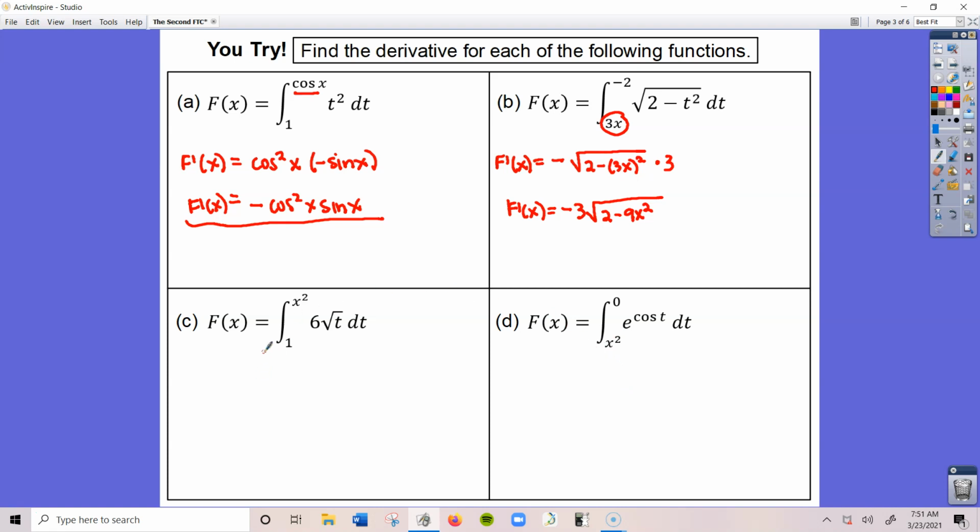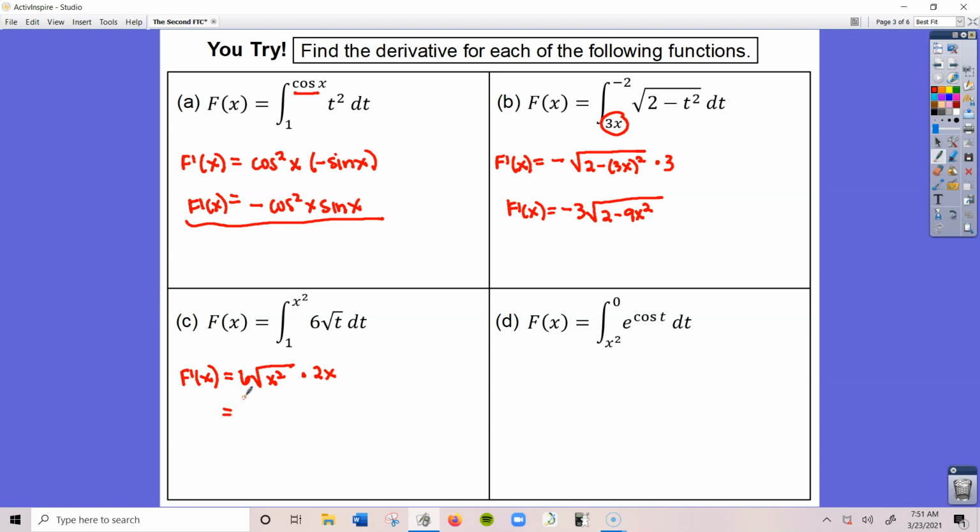Let's try this example. We have f of x is equal to the integral from 1 to x squared of 6 square root of t dt. So according to the second fundamental theorem, I am going to plug in the x squared as t. So this would be 6 times the square root of x squared, and then I'm going to multiply by the derivative of x squared, which is 2x.